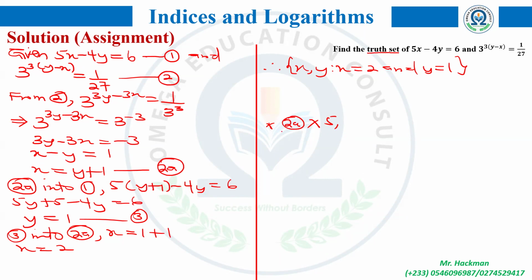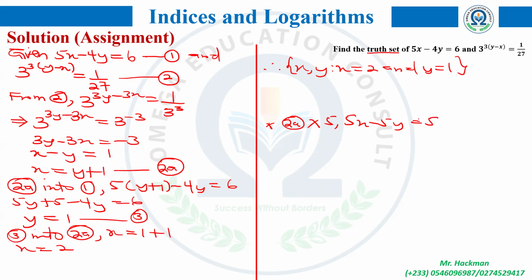I won't come here; if I come here, then it means I want to use substitution. So if I stay here and label, I'll write 2a times 5. So that will give 5x minus 5y is equal to 5.